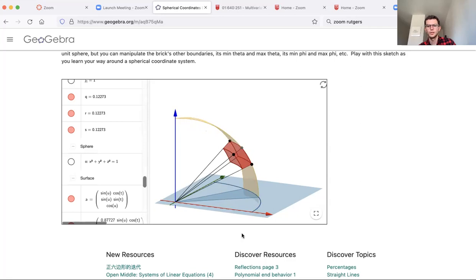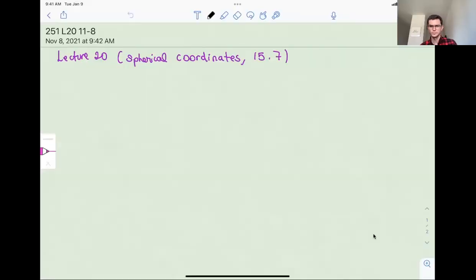Okay, let's go back to the iPad. So basically, here's the idea of spherical coordinates.